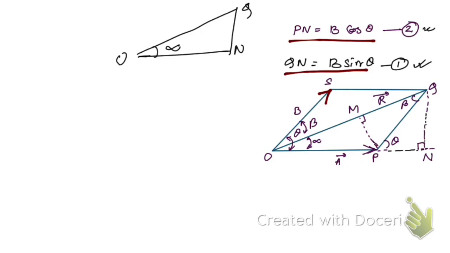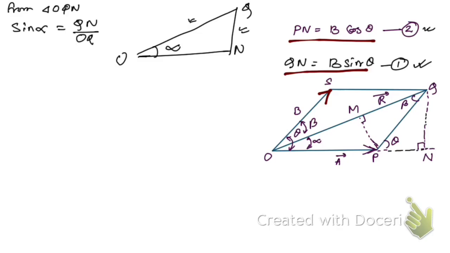So from this triangle we get sin alpha equals QN, that is the perpendicular, by the hypotenuse OQ.